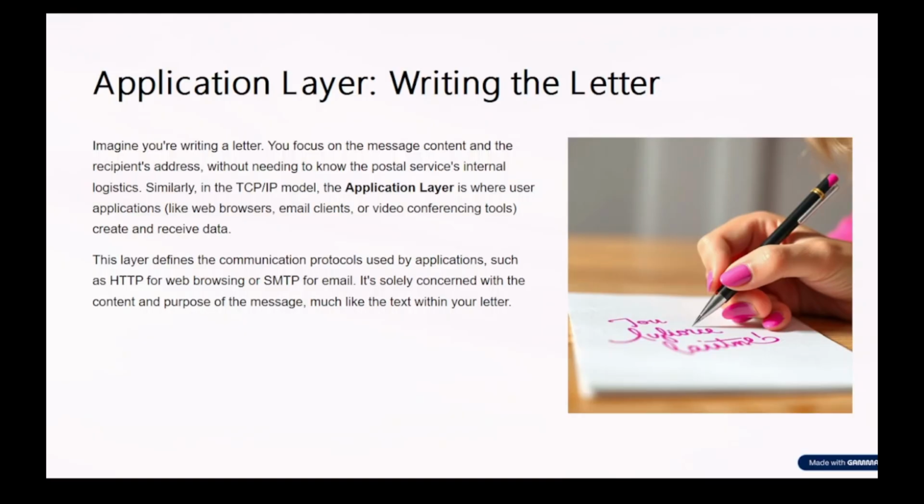The layer defines the communication protocols used by applications, such as HTTP and HTTPS for web browsing, or SMTP for email. It's solely concerned with the content and purpose of the message, much like the text within your letter.